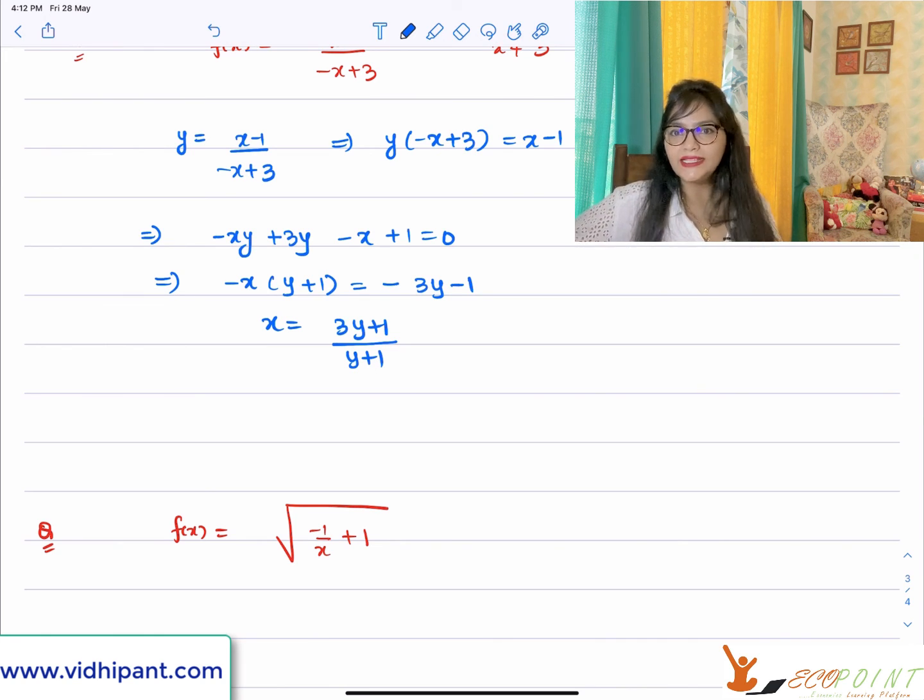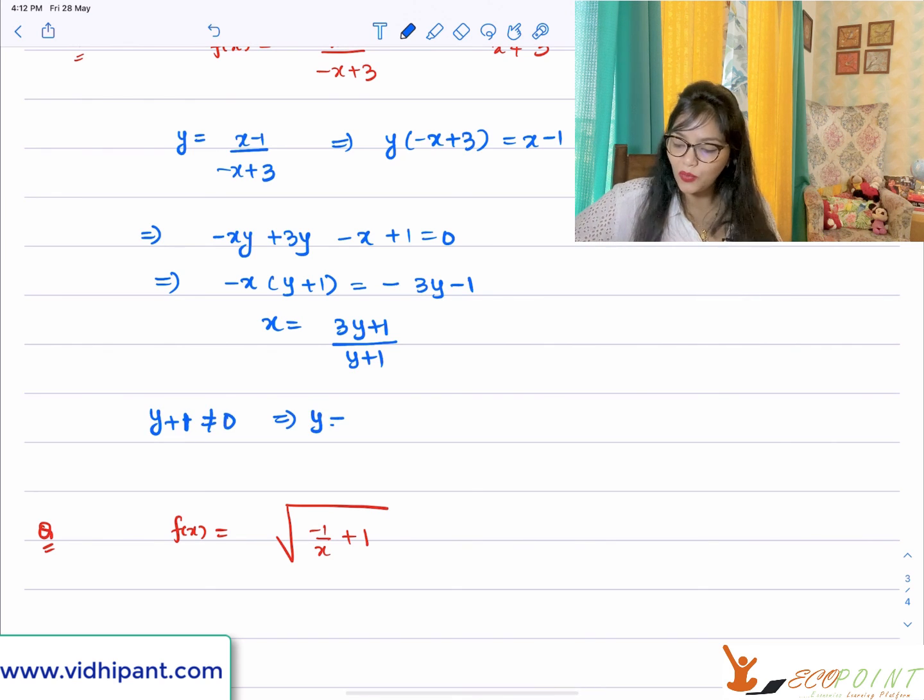So, clearly what I can see is that when y would be equal to minus 1, your denominator will be equal to 0. That means x will become infinity, right? So, what you get from here, you realize that y plus 1 should not be equal to 0. That implies y should not be equal to minus 1. So, what is your bad y, or which is that y that you cannot attain?